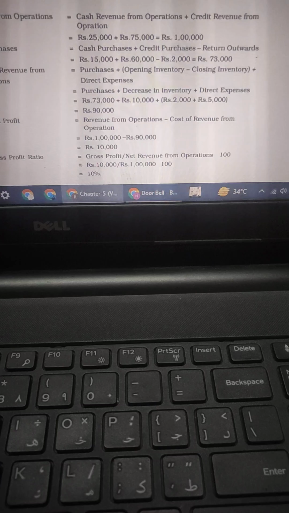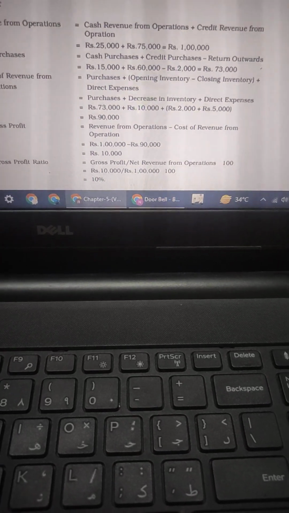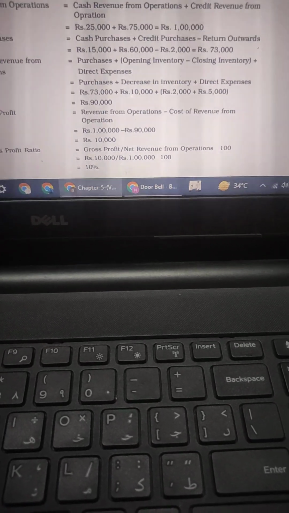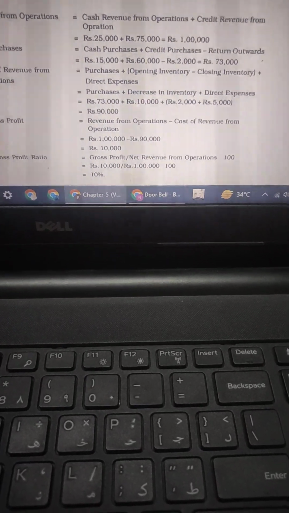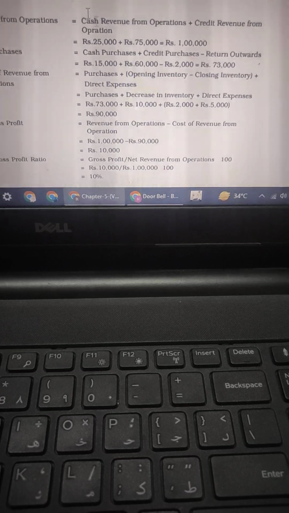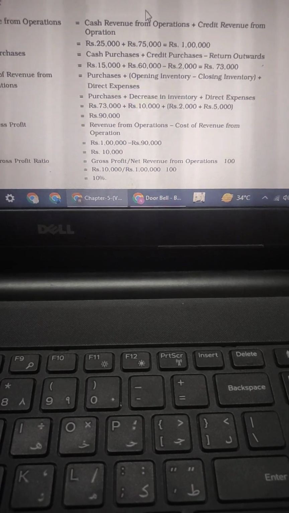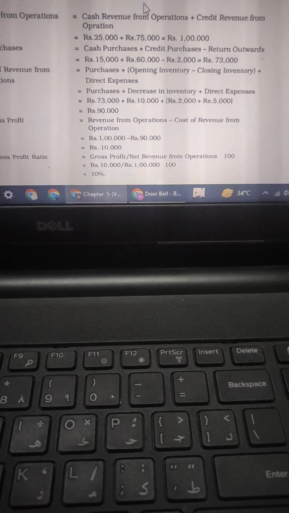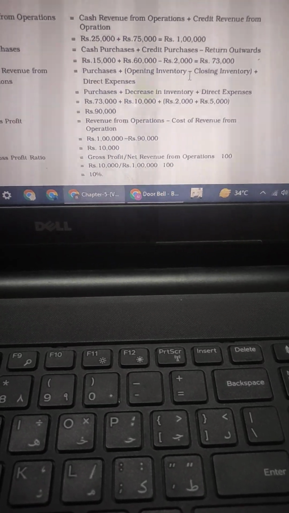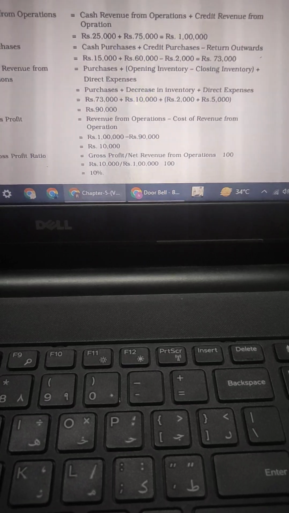Then here it is written as decrease in inventory. Decrease in inventory means opening inventory minus closing inventory. So we have to add that one. Plus direct expenses. Direct expenses means the expenses that are connected with the daily operations of the business. So that includes carriage inwards.